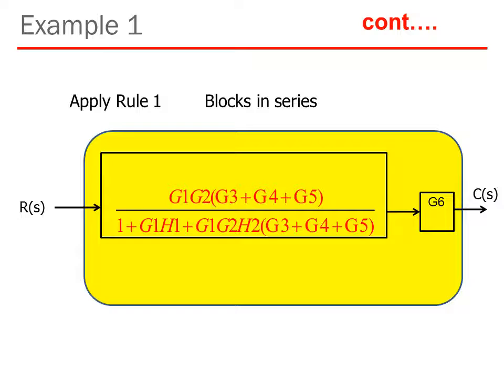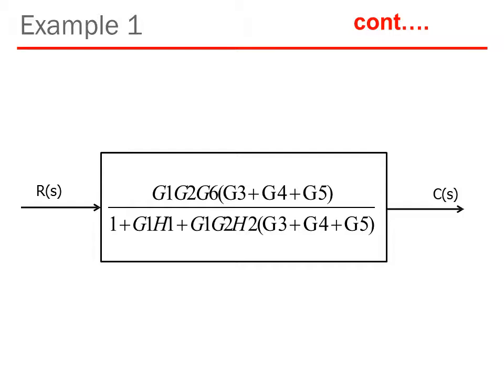Now the remaining block G6 is in series. Now we have to apply the rule for series, that is we have to multiply the gains of two blocks. So here G6 is multiplied with this, so the overall result is G1 G2 G6 into bracket G3 plus G4 plus G5 divided by 1 plus G1 H1 plus G1 G2 H2 into bracket G3 plus G4 plus G5.